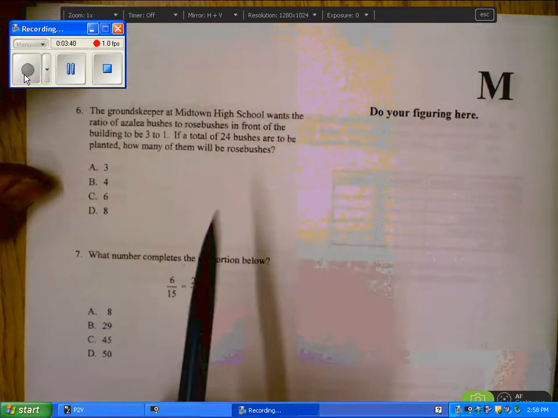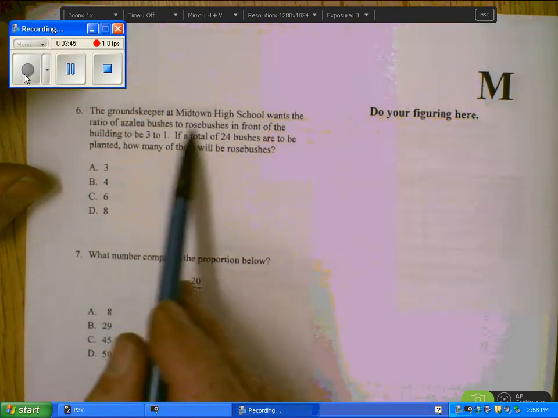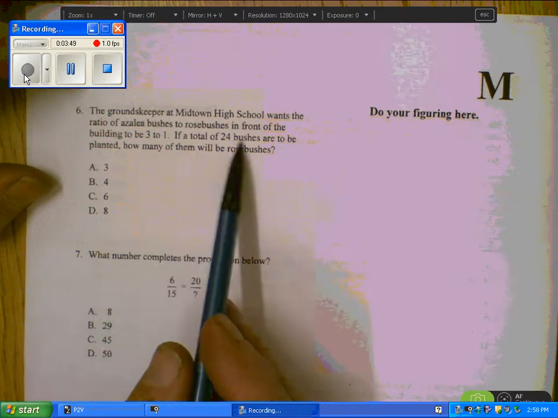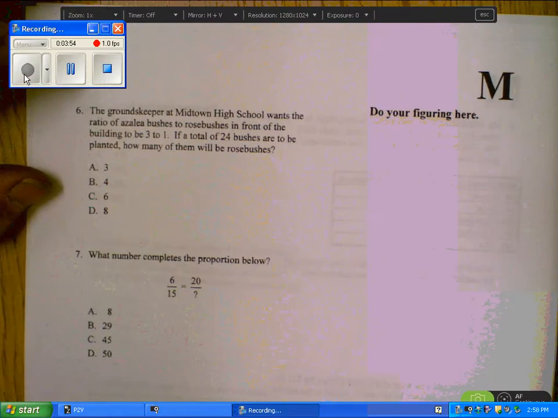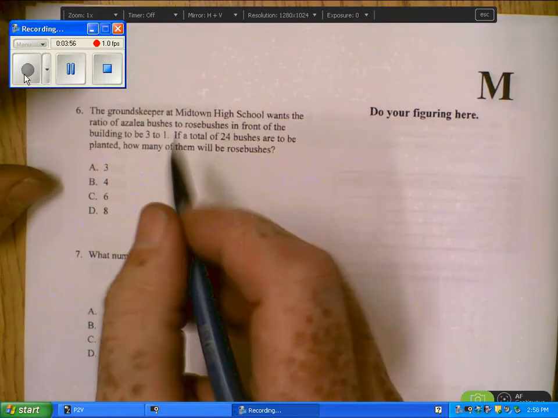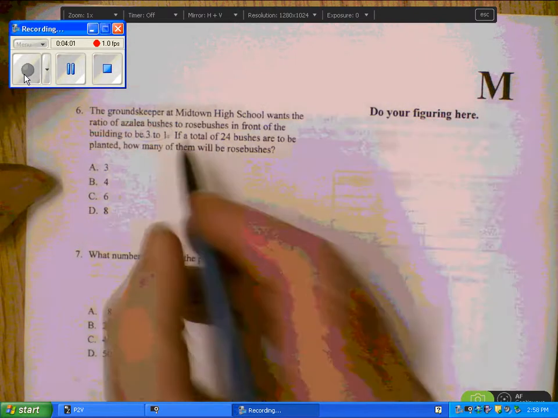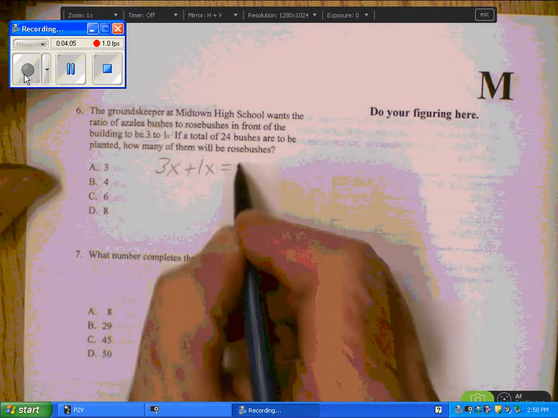The groundskeeper at Midtown High wants the ratio of azalea bushes to rose bushes in the front of the building to be 3:1. If a total of 24 bushes are to be planted, how many of them will be rose bushes? A couple different ways you could do this. Whenever you see something like this, you could put a variable with each one of them and set them equal to the total. So it'd be like 3x plus 1x equals 24.